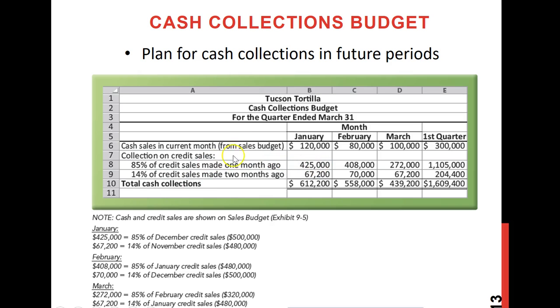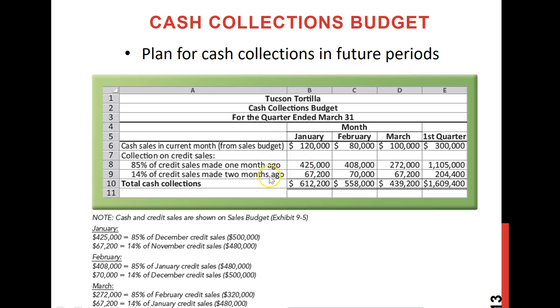That means when they are doing the budget for the month of January, they're gonna check how much was last December's credit sales, and then they will take 85% of it, because that portion they will be collecting in January.